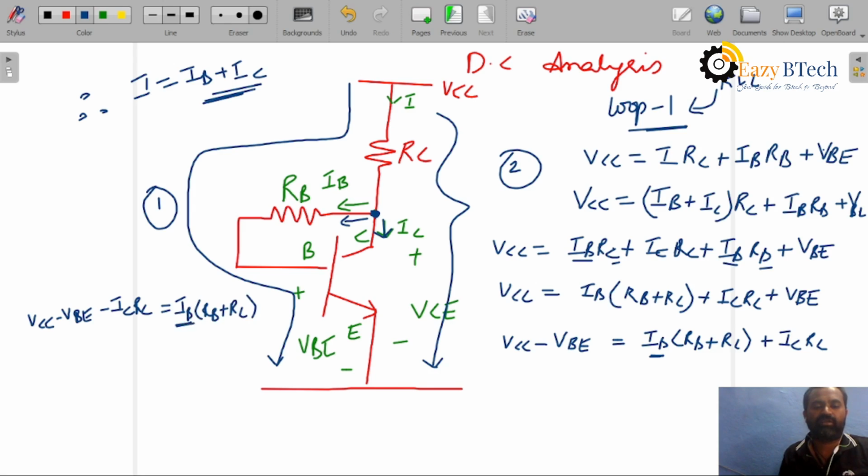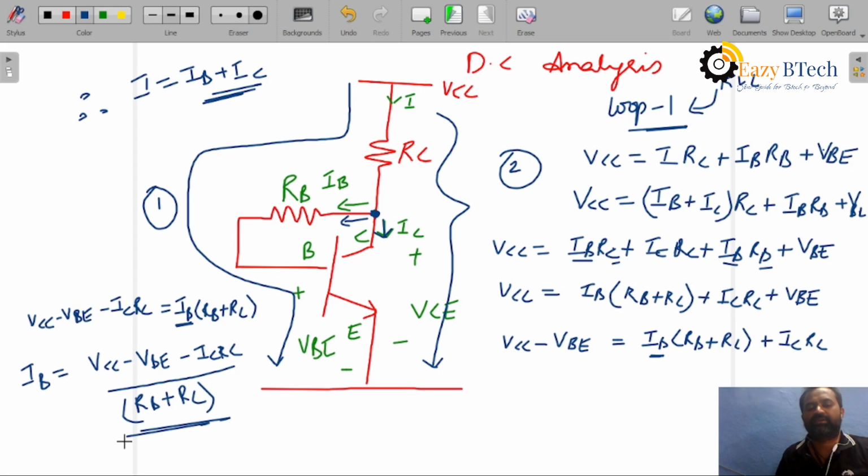Okay, so IB is equal to VCC minus VBE minus IC RC, divided by RB plus RC. This is the value of IB, the base current, from the loop 1 equation, by applying KVL across loop 1.